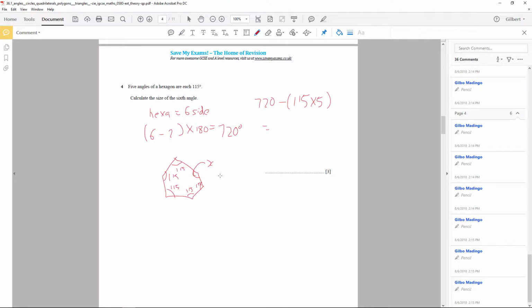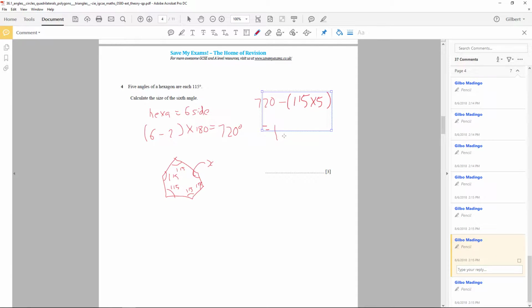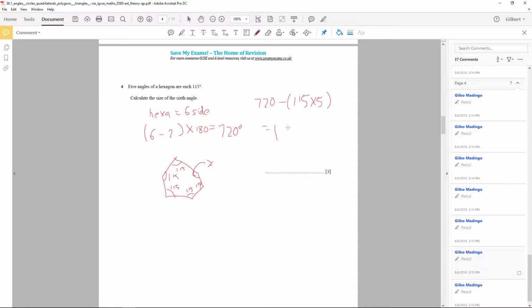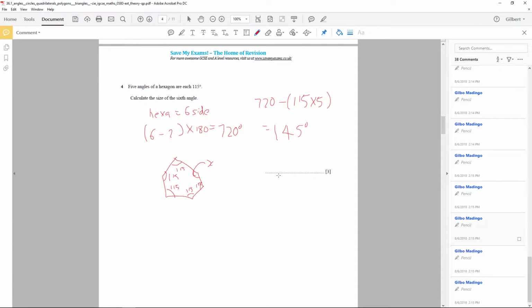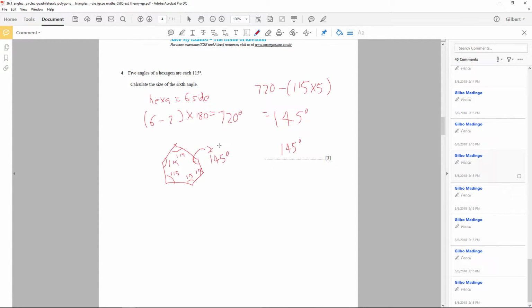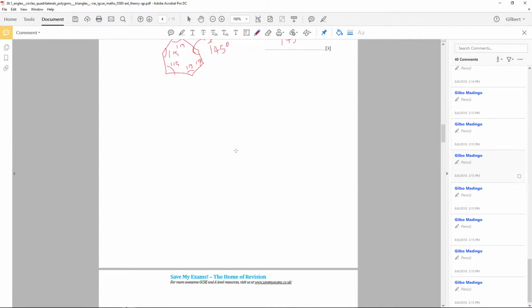So therefore, your 6th angle would be 720 minus 575, which is 145 degrees. So the angle 145 would be the 6th angle. And if you were to add these all up, 145 plus 115 plus 115 plus 115 plus 115 plus 115, you have gotten a total of 720 degrees.